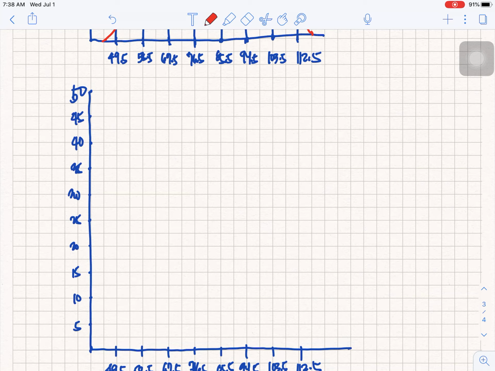So for this one we have 2. Then we have 5, then we have 24, then we have 36, then we have 40, then we have 45, and then we have 48.